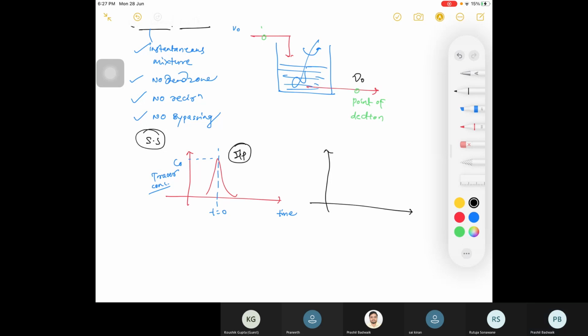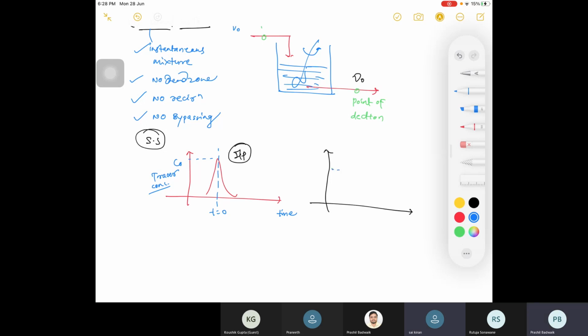What could be your approximate profile for a CSTR? Anyone? Rutuja? Okay, the constant concentration C naught for some time.